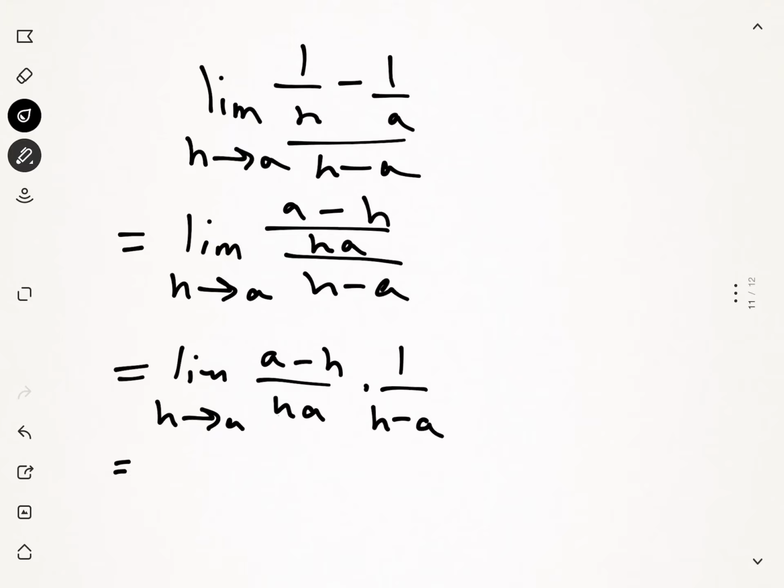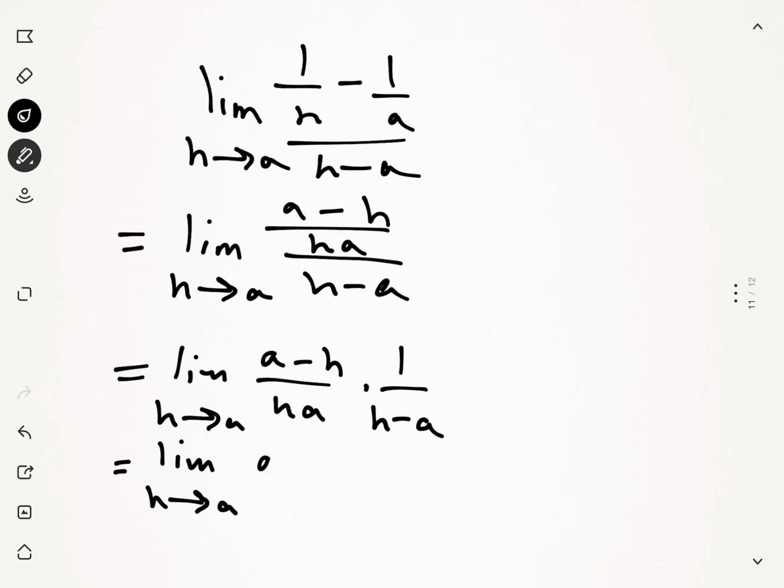Now, it looks like you probably got to this step here and wondering, well, what do I do? Well, notice here that we have an a minus h, and here we have an h minus a. And if we could get these to cancel, it would help solve this problem. There is an algebra step I want to introduce you to.